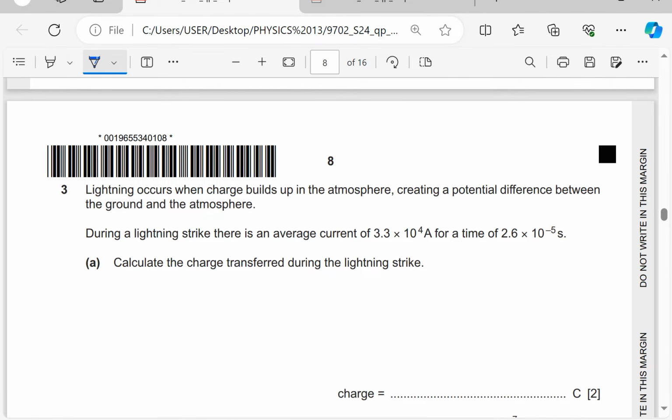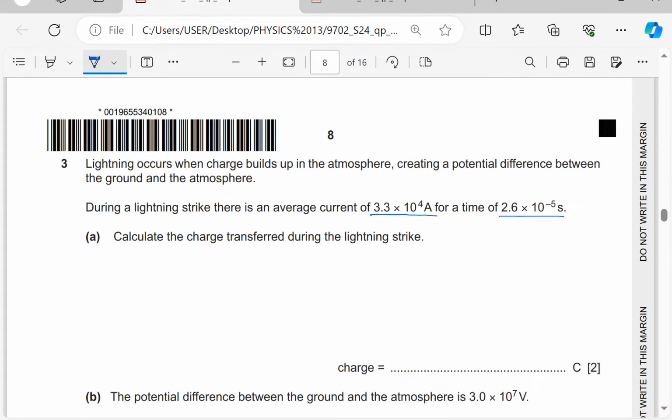Then question number 3. Lightning occurs when charge builds up in the atmosphere, creating a PD between the ground and the atmosphere. During a lightning strike, there is an average current of 3.3 times 10 to the power of 4 amperes for a time of 2.6 times 10 to the power of minus 5 seconds. Calculate the charge transferred during the lightning strike. Of course, we know that charge equals I times t.